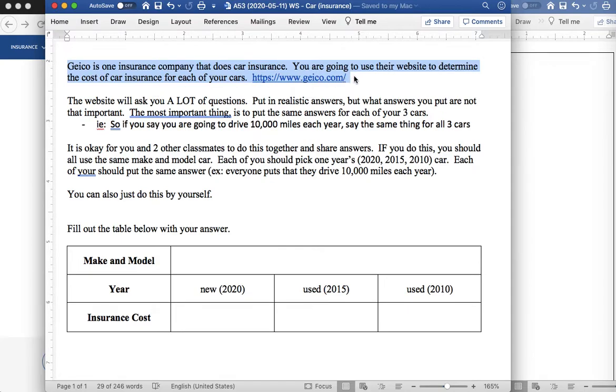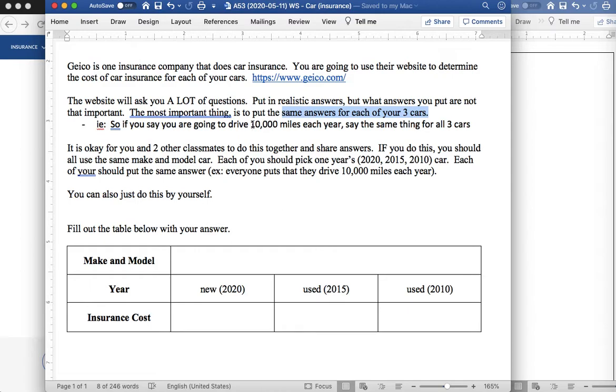You're going to have to do this 3 times, and each time you do it, they are going to ask you a lot of questions. Most of your answers will not matter in terms of trying to estimate the cost. The most important part is that you should put the exact same answers for each of your 3 cars.